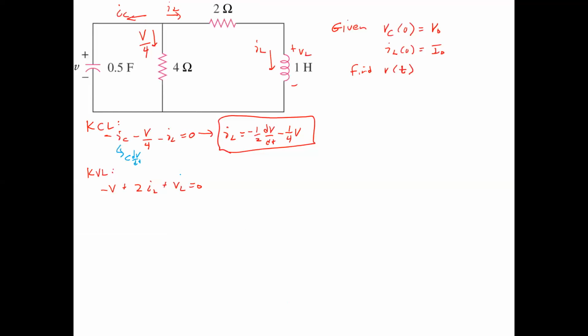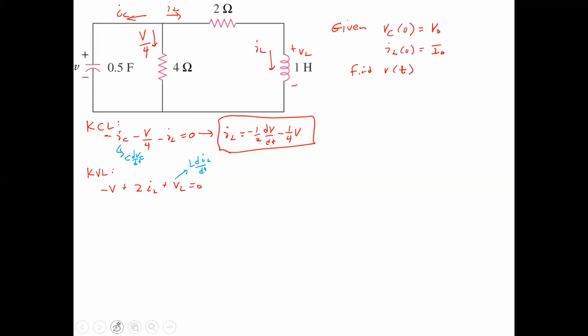Just like the VL here is L di dt, dIL dt, which is dVc dt. So that's going to give us minus V plus 2IL plus 1 dIL dt equals 0.